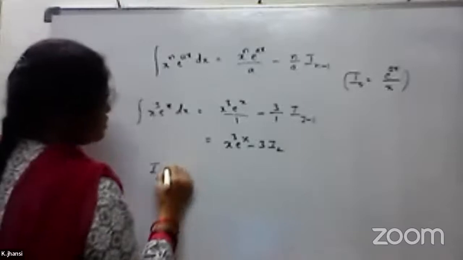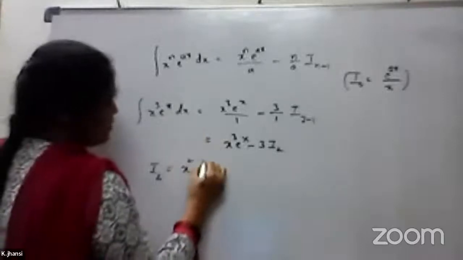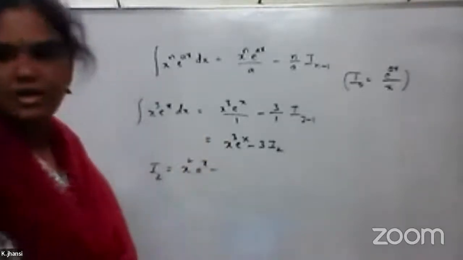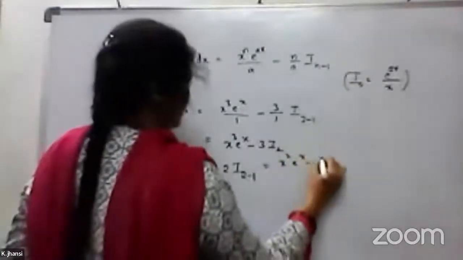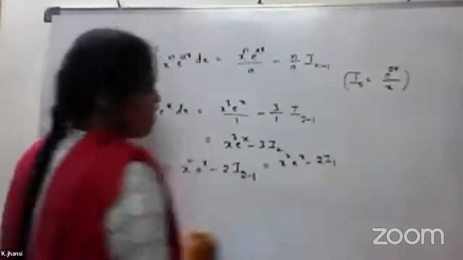I2 is equals to, so here 3 minus 1. 3 minus 1 means 2. You will get e to the power of x minus, you will get 2 into I2 minus 1. Okay, it is equals to x square e power x minus 2I1.